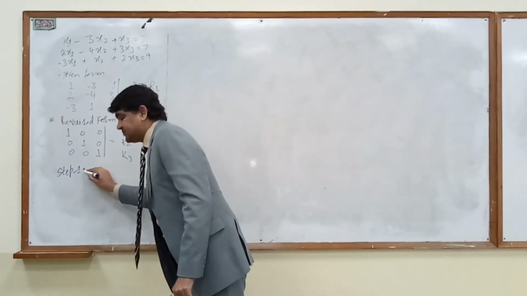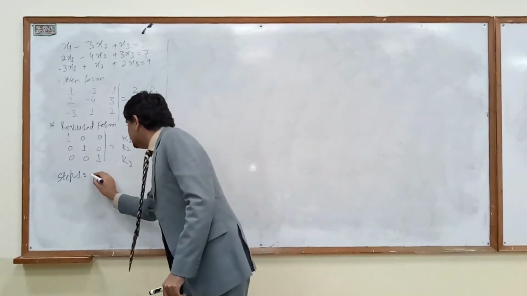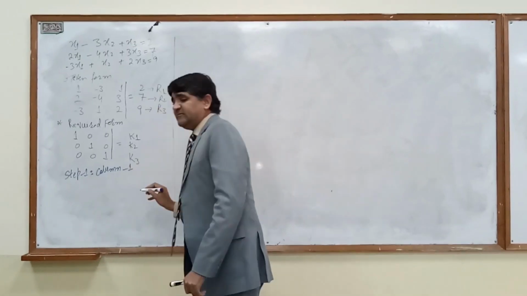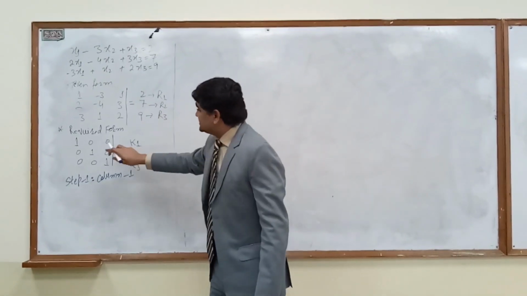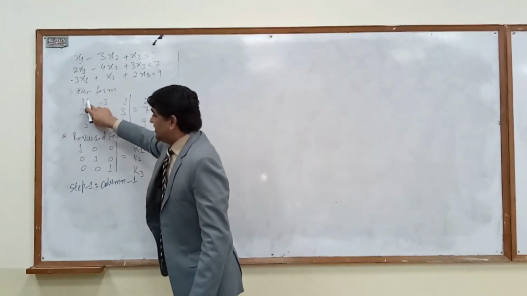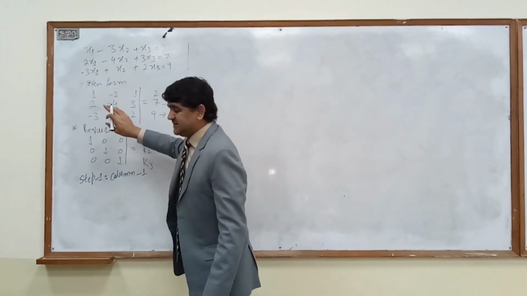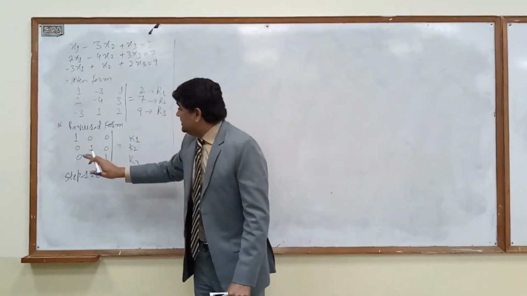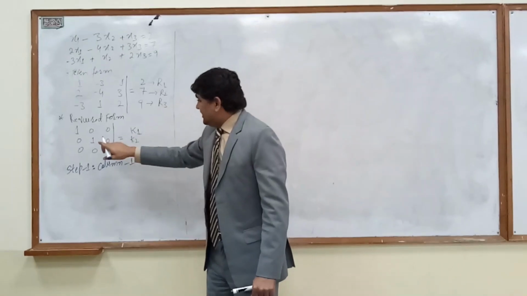So first of all, in step 1, we solve column 1. What is column 1? Column 1 is 1, 0, 0, that is the required form. But given is 1, 2, minus 3. We have to convert column 1 into the required form. Look at column 1.